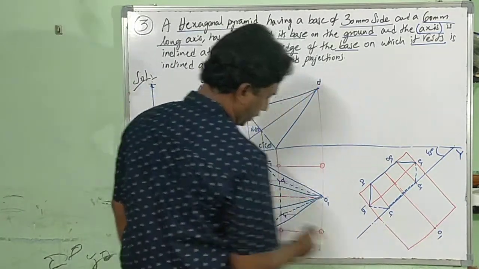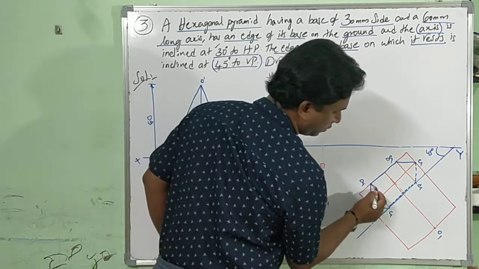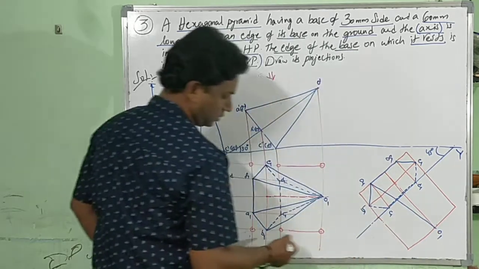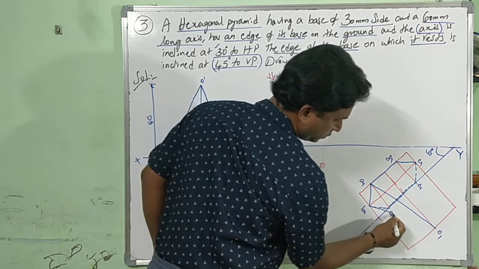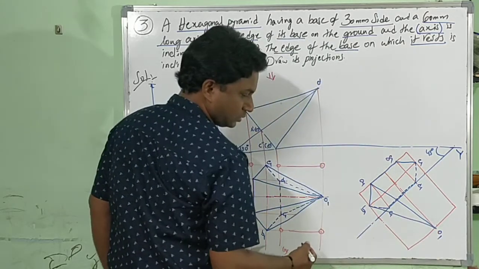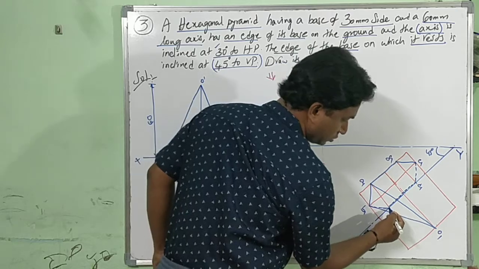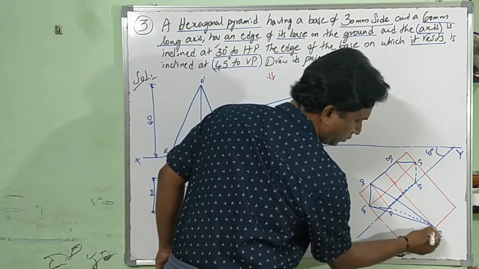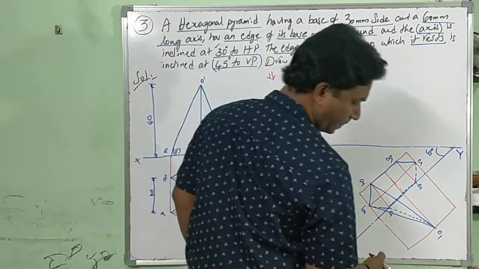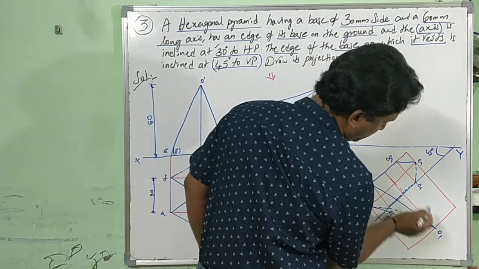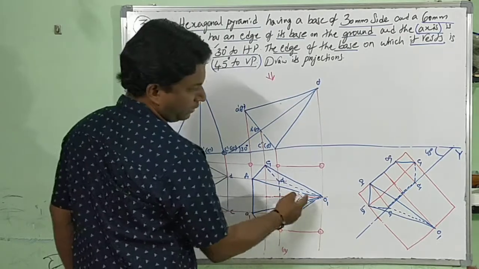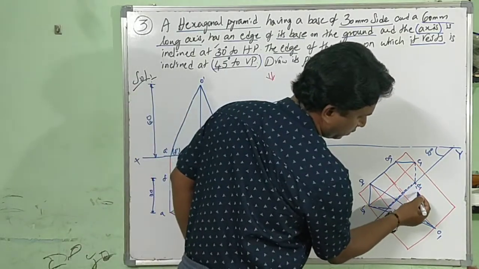Now O1, A1 to O1, B1 to O1, C1 to O1 hidden line. D1 to O1 hidden.